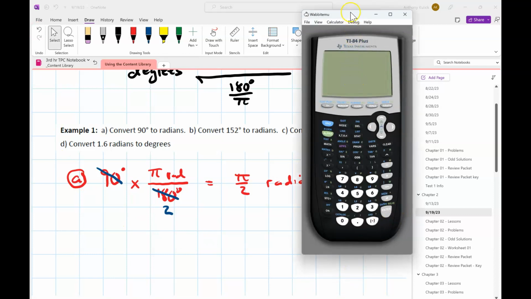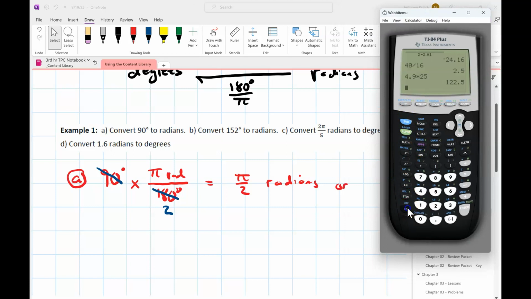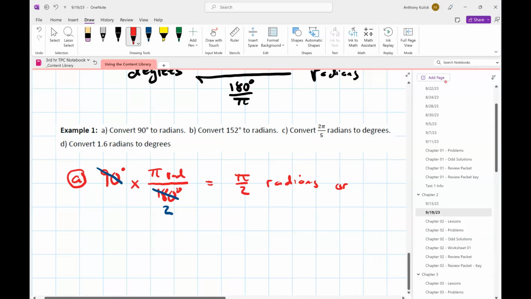So if I go to our calculator and I do pi divided by 2, I could also write this as about 1.57. So why do you think we prefer the pi over 2 version to the 1.57 version? I said that was going to be the convention, leaving it in terms of pi.